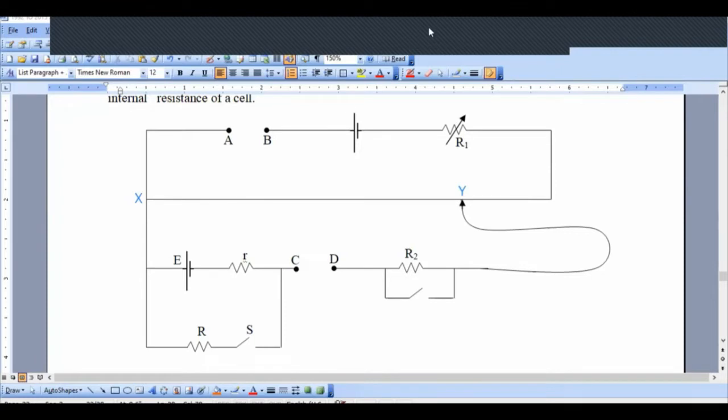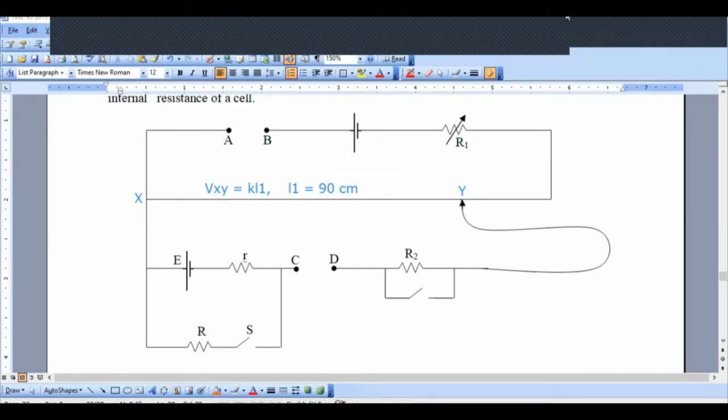Therefore, the potential difference between X and Y, V_XY, equals KL. You can mark this L as L1, that's much easier. L1 is given as 90 centimeter. Clear? V_XY is KL1, with L1 being 90 centimeter when the switch is kept open.